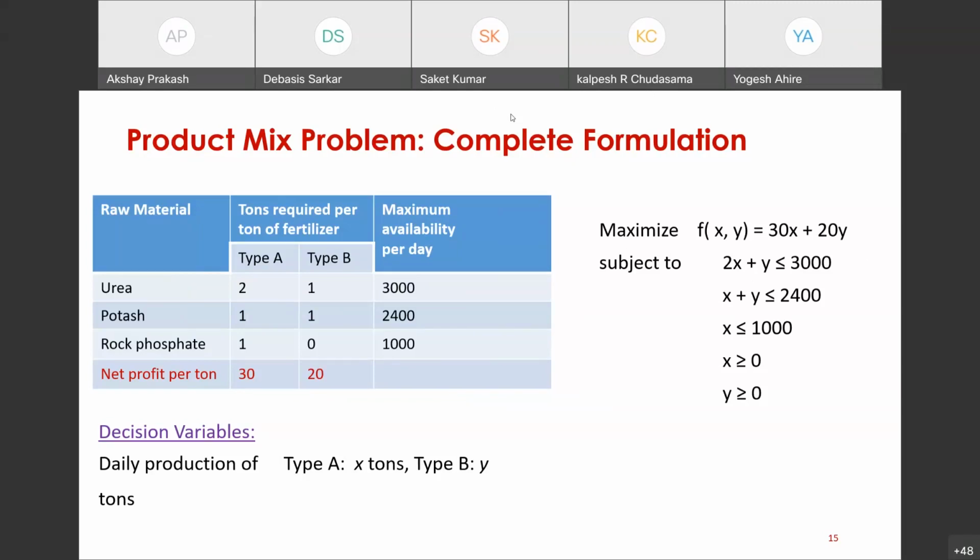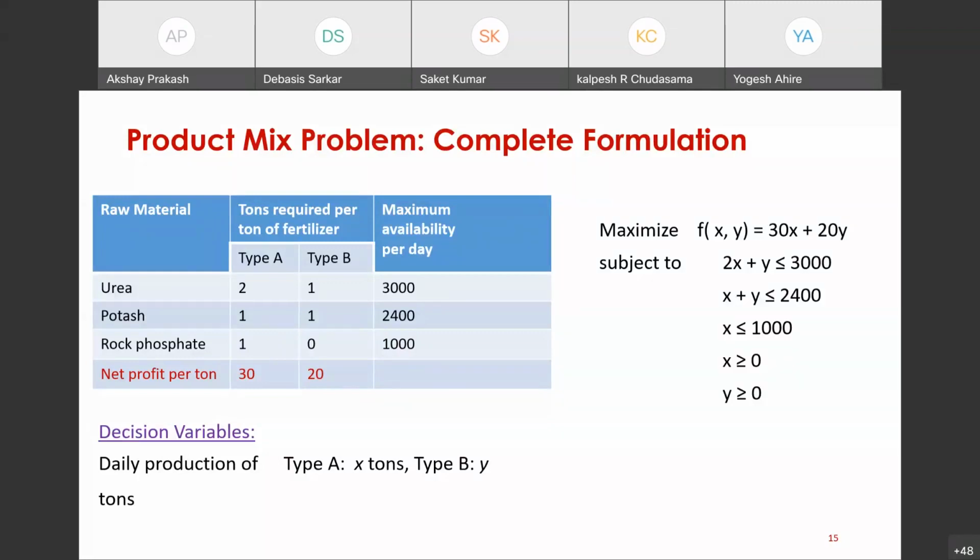Yes, the screen is visible. Yes, yes. So what I understand is, why do we have this? Your voice has been intermittent.